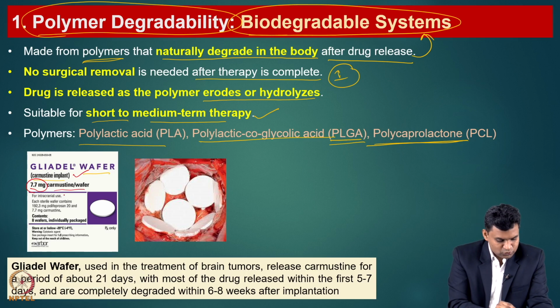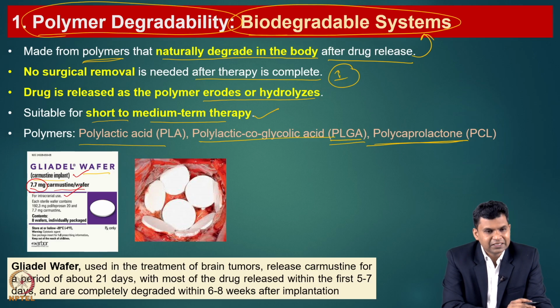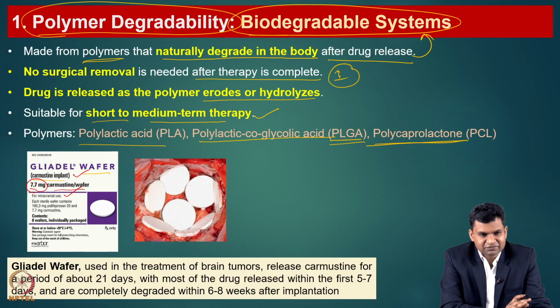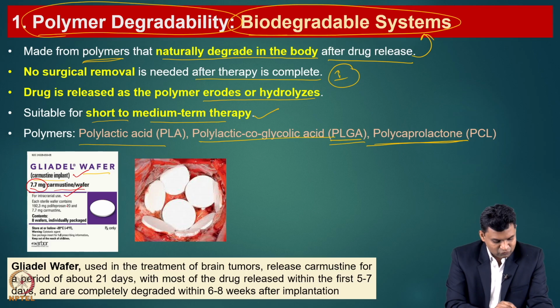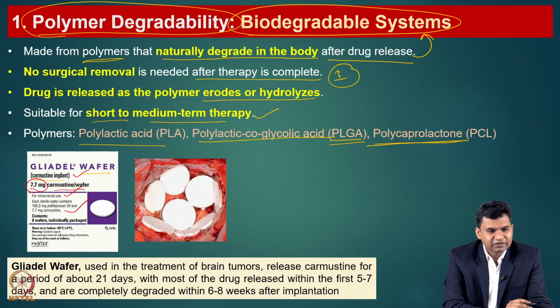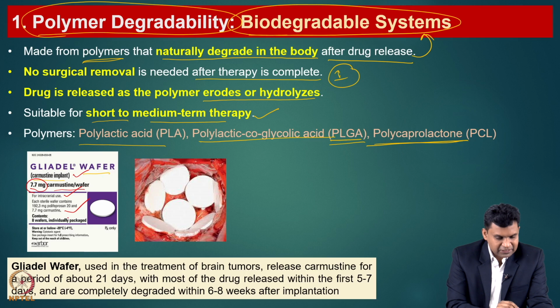The use is intracranial, which is the application, or the target site, for the treatment of brain tumors. Each wafer contains 192.3 mg of polyprosan and carmustine. Each pack contains 8 wafers, and these are all sterile wafers.